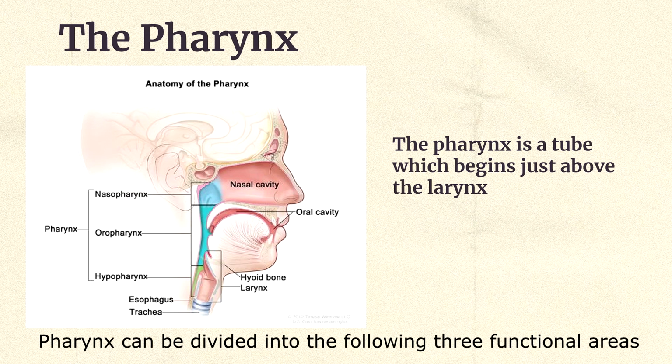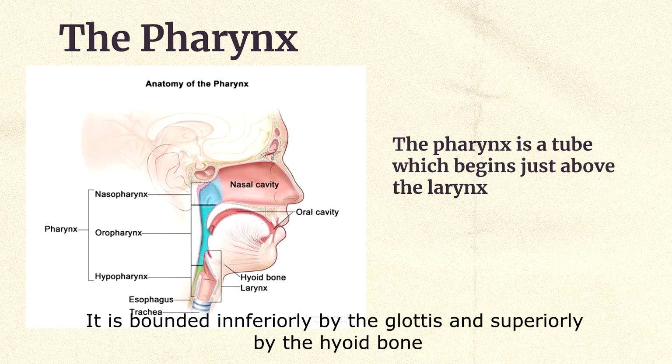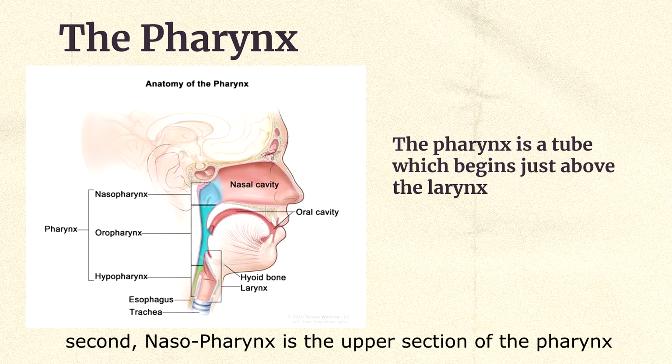The pharynx can be divided into the following three functional areas. First, the laryngopharynx is the lowest section of the pharynx. It is bounded inferiorly by the glottis and superiorly by the hyoid bone. Second, the nasopharynx is the upper section of the pharynx.